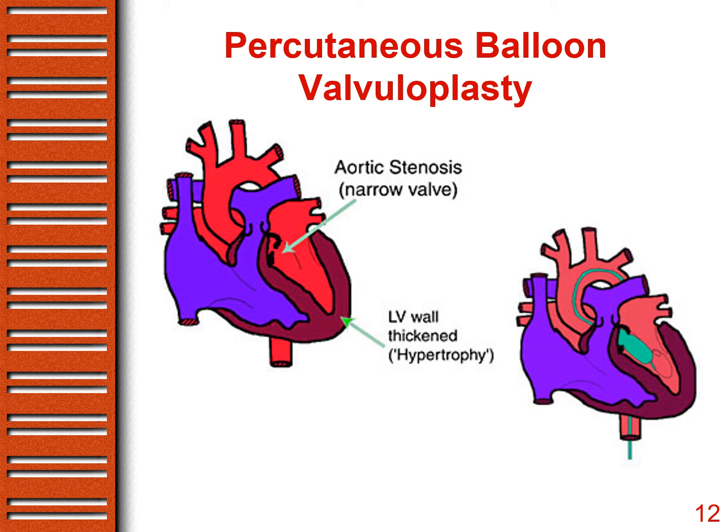Valvuloplasty is a cardiac catheterization procedure to treat stenosis in heart valves. It is similar to a balloon angioplasty, except instead of opening an artery, a valvuloplasty stretches open a narrowed heart valve.